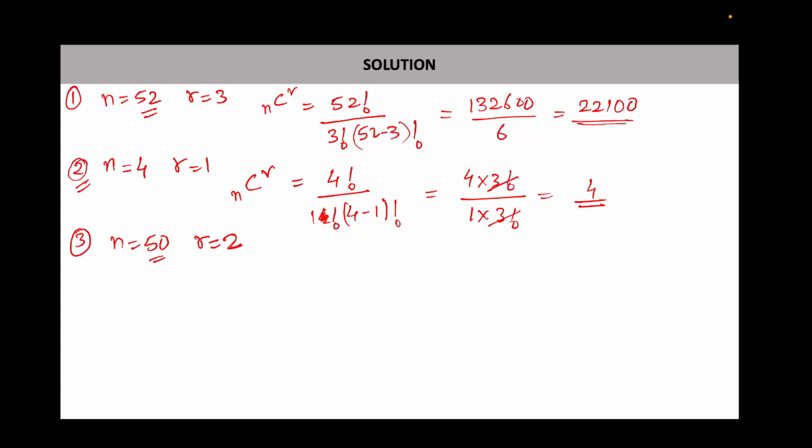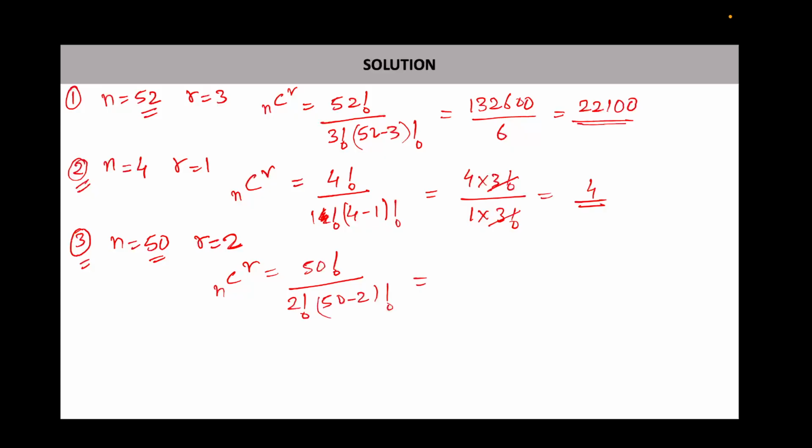So your second combination is to choose one king out of four, and your third combination will be to choose two non-kings out of the entire deck. To calculate this combination, again using the same formula, it will be 50 factorial upon 2 factorial into (50 minus 2) factorial.